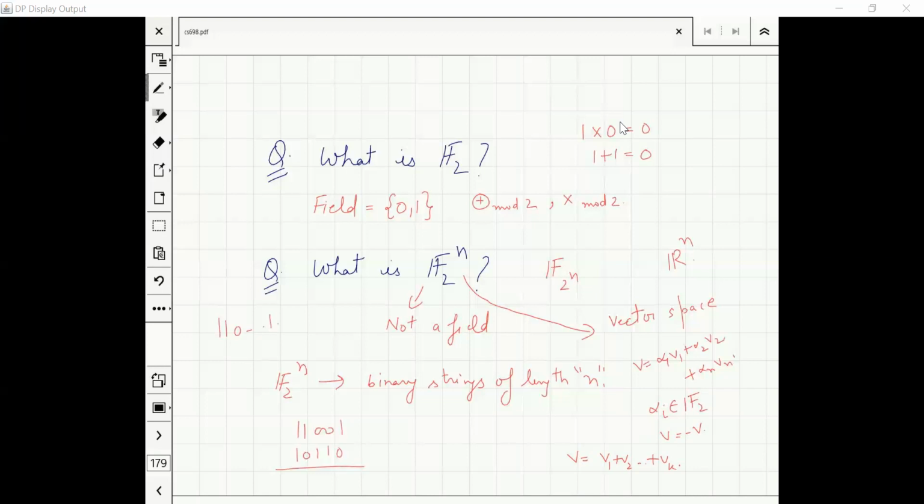So the least significant bit is 1, this is 1, this is 1, this is 1, and this is 0. Okay, so this is the structure we are talking about. This is F2 to the power n, the vector space we are talking about. Is there anyone who has not seen this vector space before?